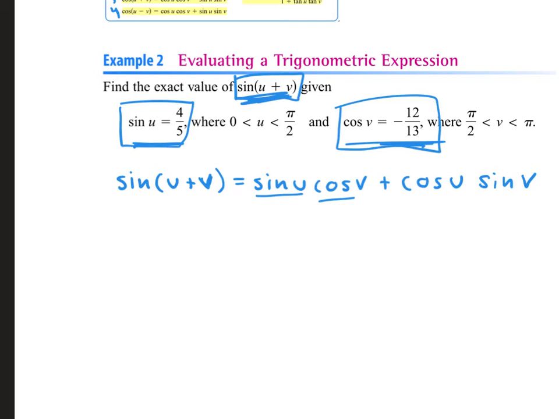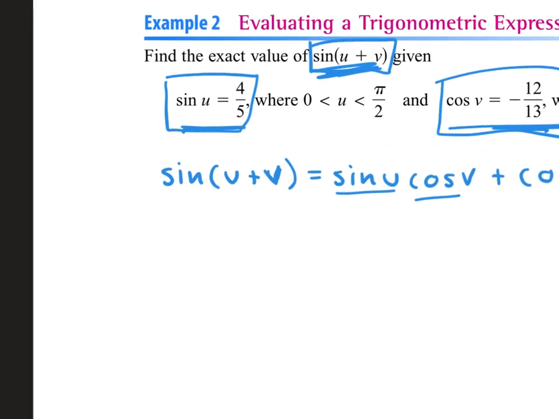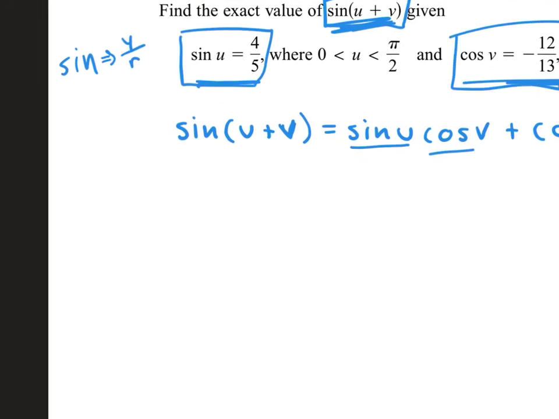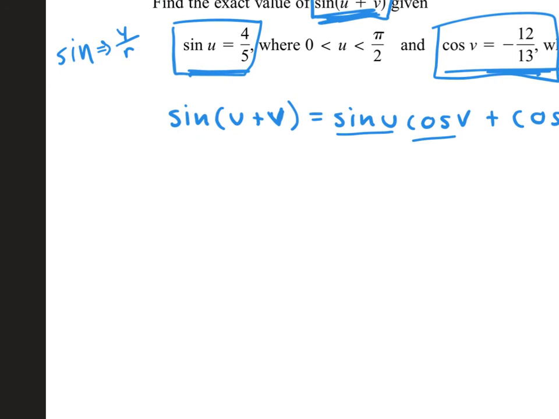So the sine of u is 4 over 5. In terms of x, y, and r, what does that tell us? What's sine? Sine is y over r. So let's draw our triangle, because we need to figure out what x is in order to find what the cosine of u is.